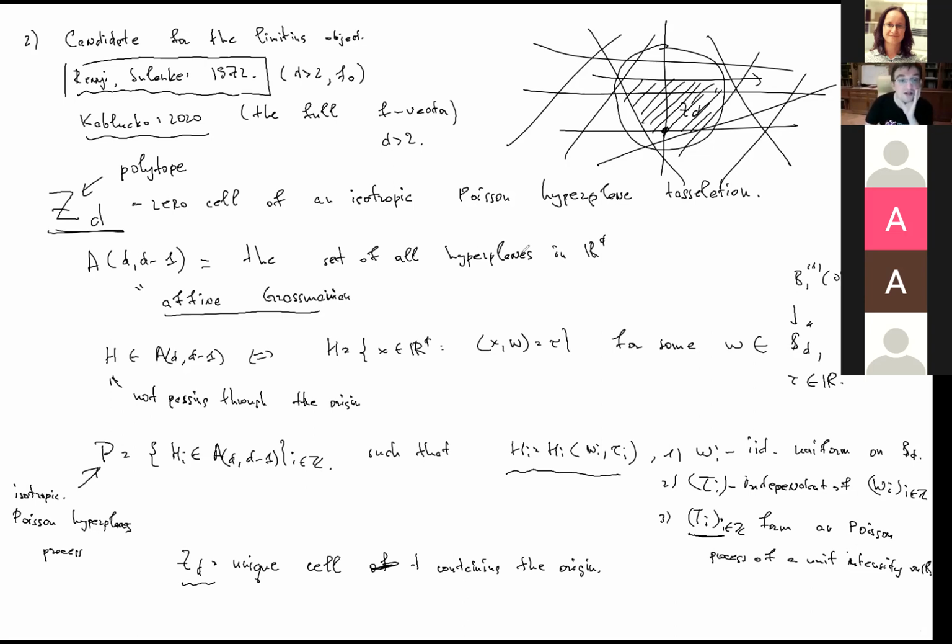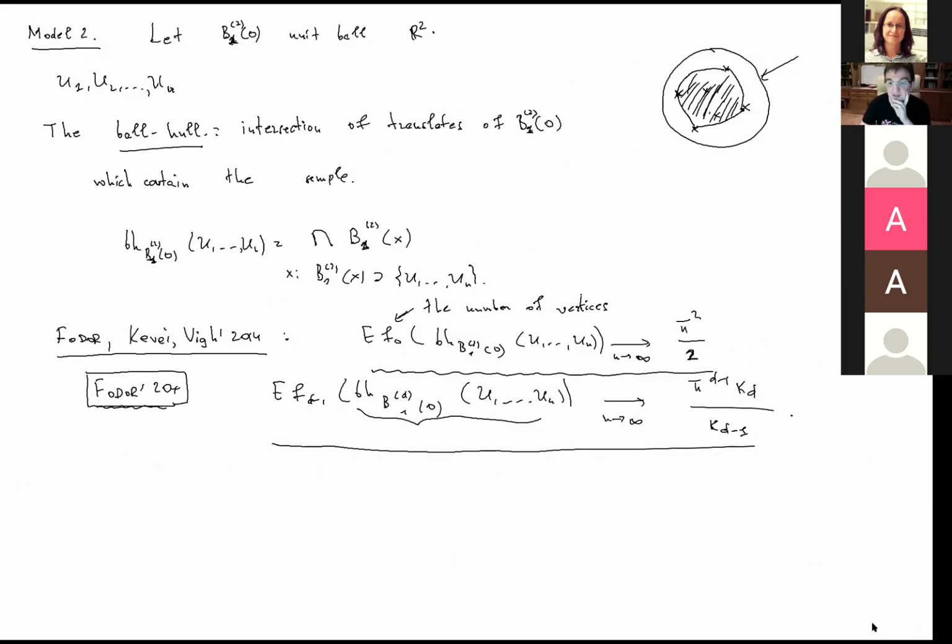And it turns out that this constant is exactly the expected number of vertices of the zero cell for the isotropic Poisson hyperplane tessellation.